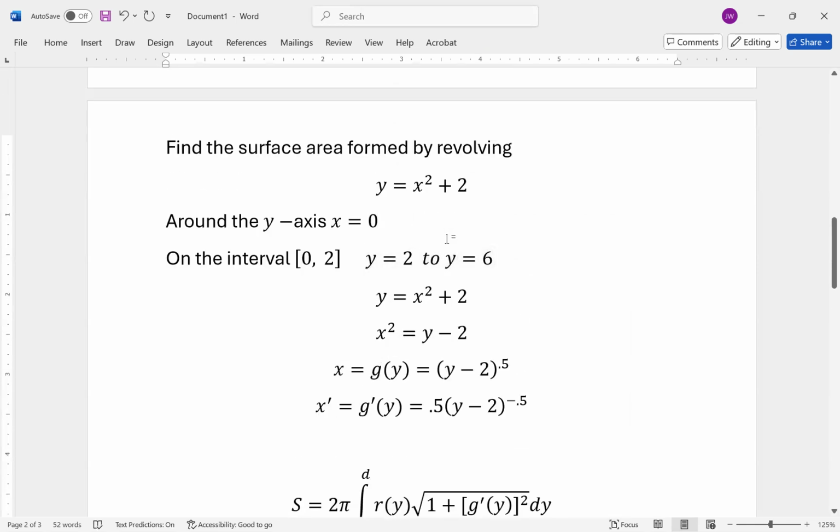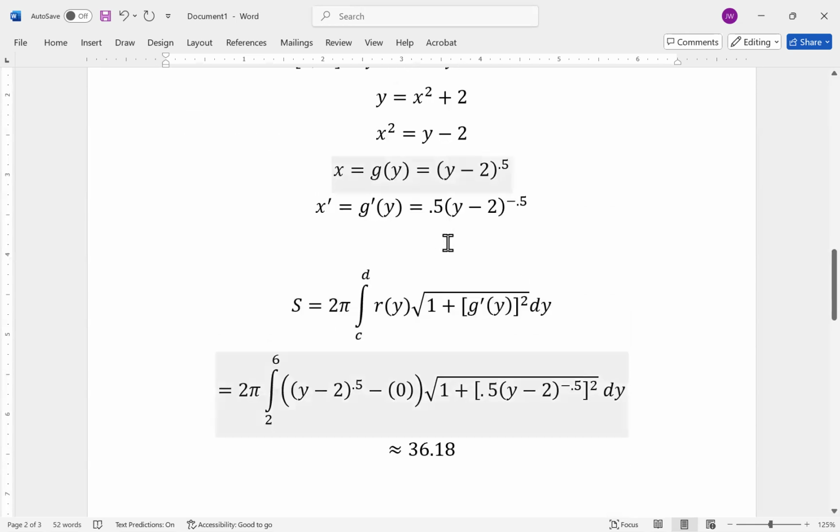Now, like I've been saying explicitly, just because we were revolving around a vertical line does not mean I have to find the surface area by integrating with respect to y. I actually could have also integrated with respect to x.